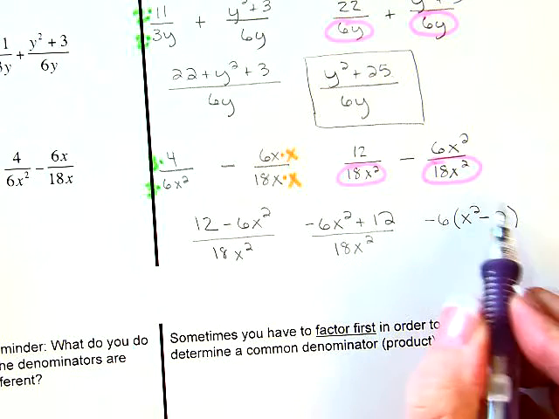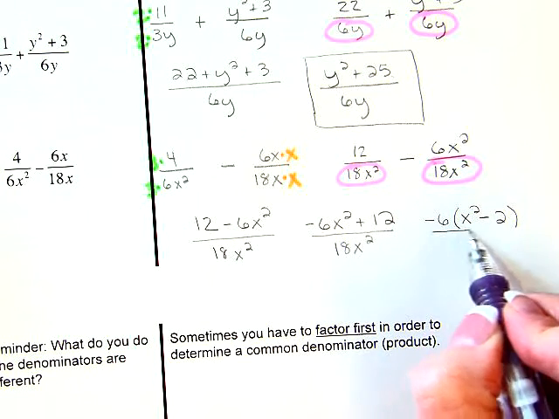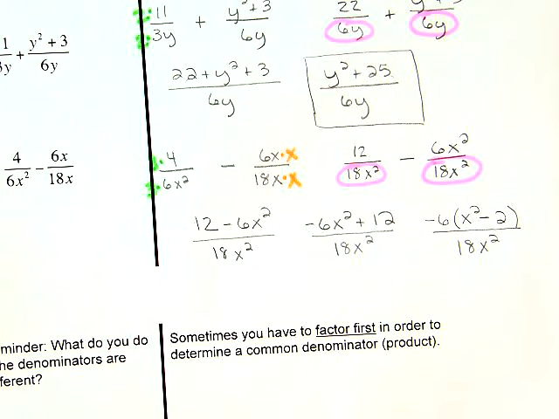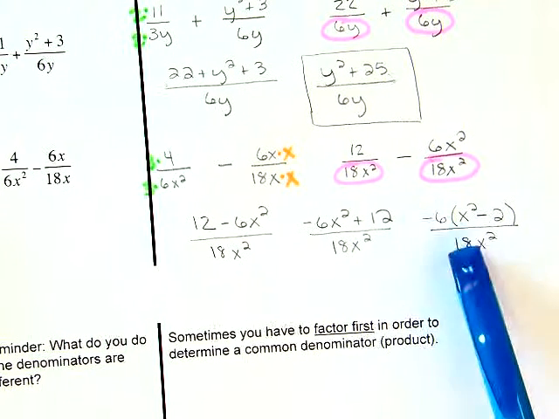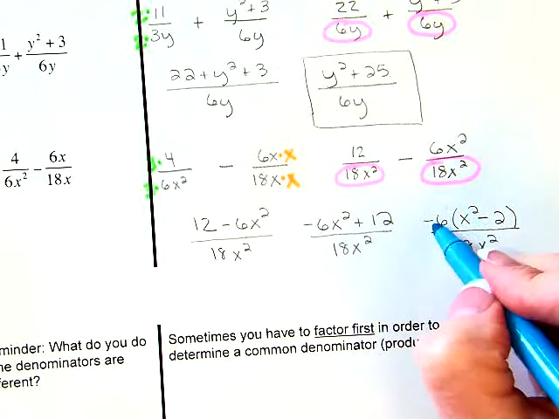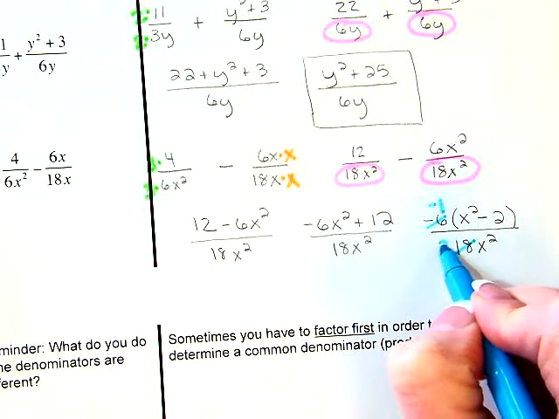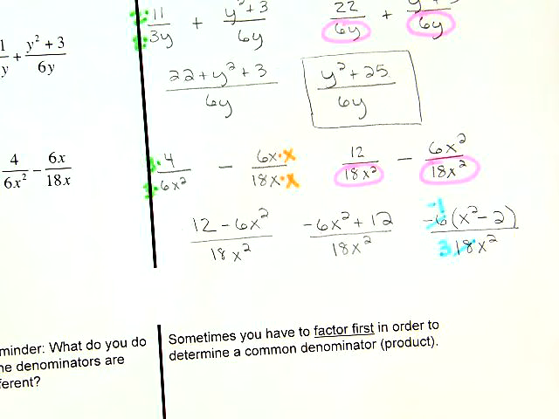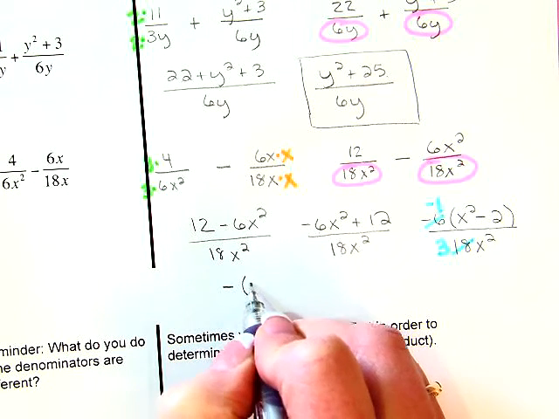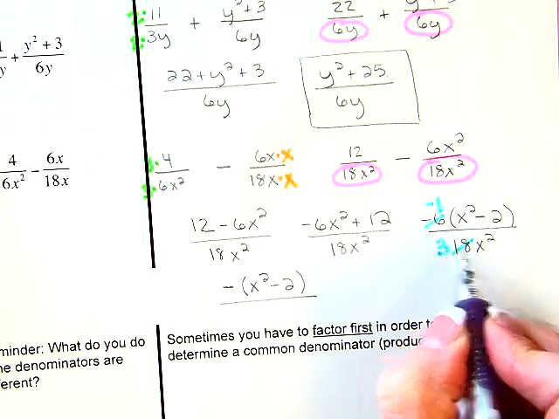So notice if I distribute back through, I get negative 6x squared, which is this first term, plus 12. Now divide that by 18x squared, and now we're using our skills from 12.4, and these two coefficients reduce down. So negative 6 reduces to a negative 1, and then the 18 reduces down to a 3. And so we have negative x squared minus 2 all over 3x squared.